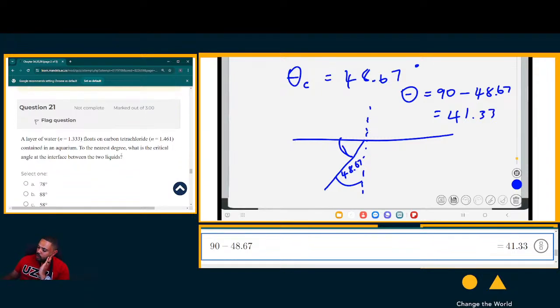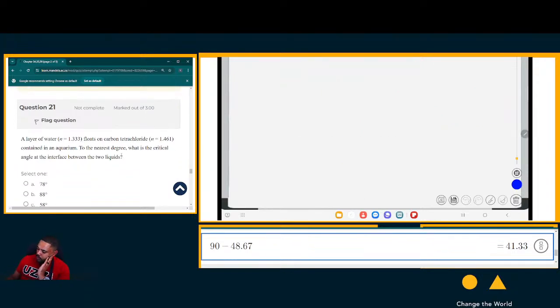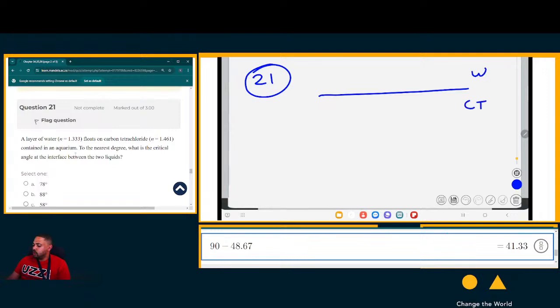Okay, so question 21. A layer of water floats on carbon tetrachloride. So we have water on carbon tetrachloride.